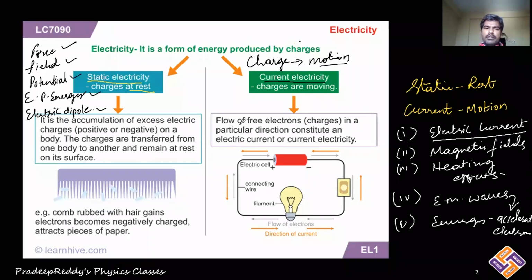And we know that flow of free electrons in a particular direction constitutes an electric current. When you take any conductor and provide some potential difference to it, charges are able to flow. Those charges which flow in a particular direction constitute electric current. That's what we are going to learn in this chapter in detail.